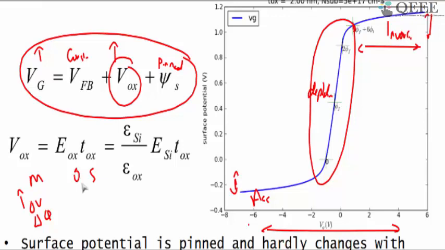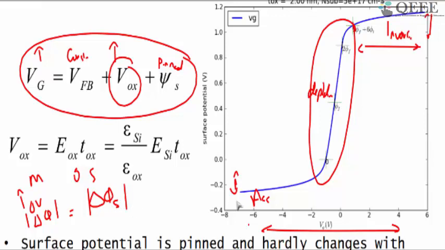But that is not the case for the semiconductor. This delta Q at the metal should be equal to delta Q at the semiconductor. So the charge has to be balanced.